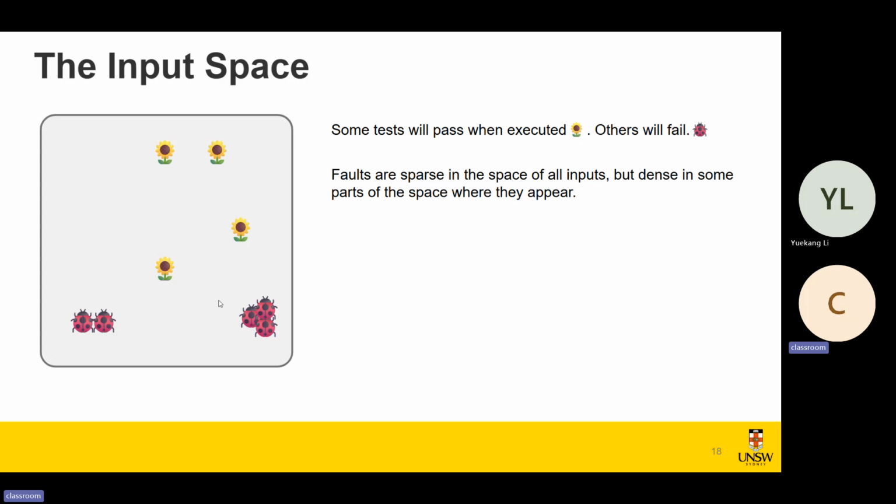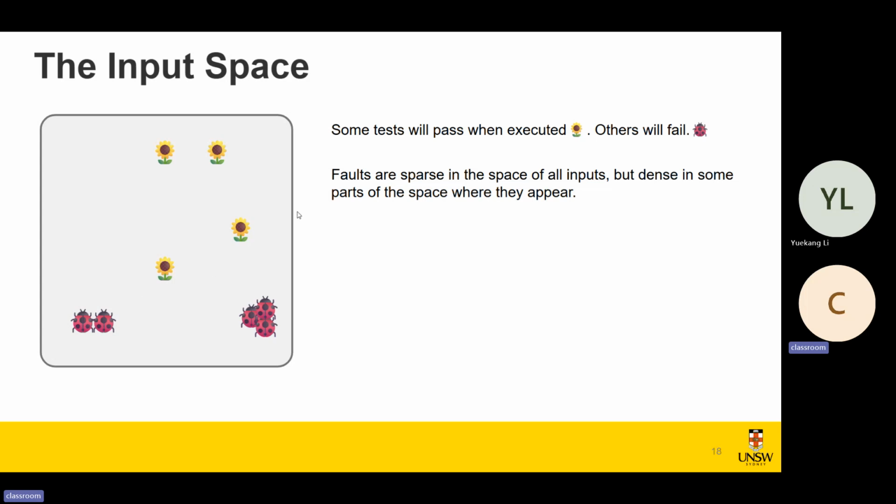Because, for example, when you implement some kind of program, there could be certain parts of the program where the logic is very complex and the code could be very, very fragile, right? And in that part of the code, you could have a high density of bugs.